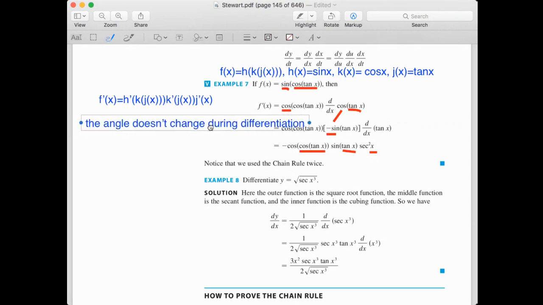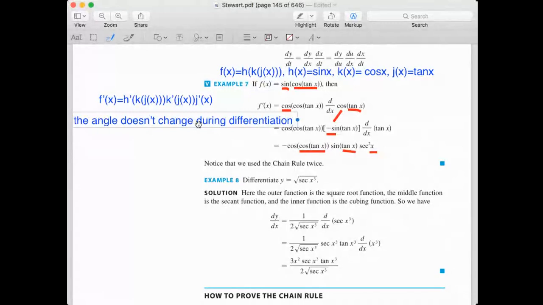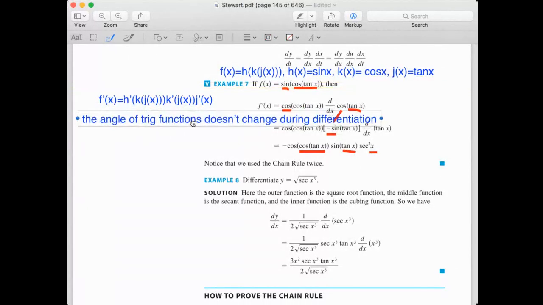Okay. So the angle of the trig functions does not change during differentiation. Very important.